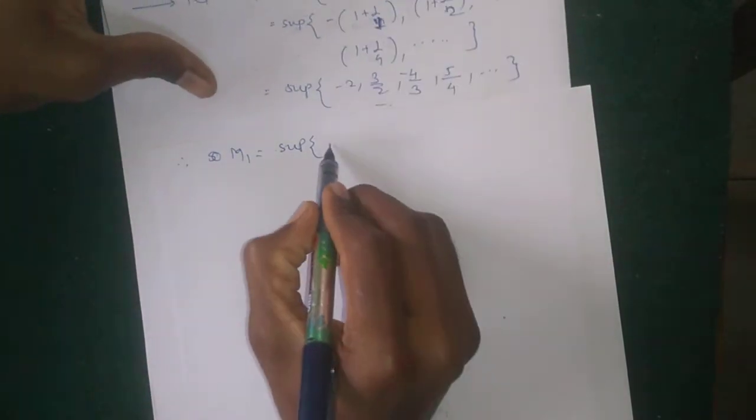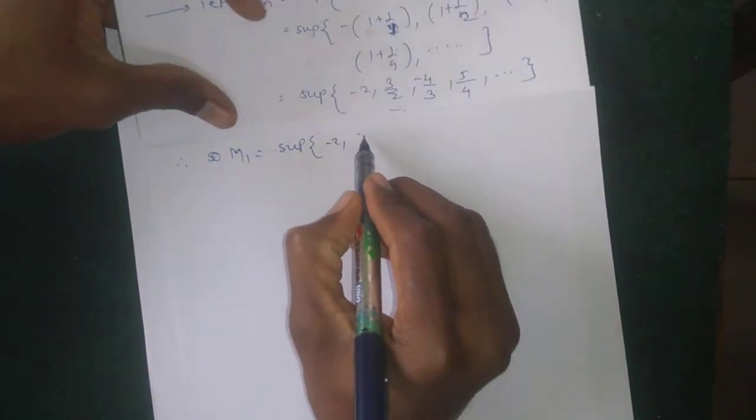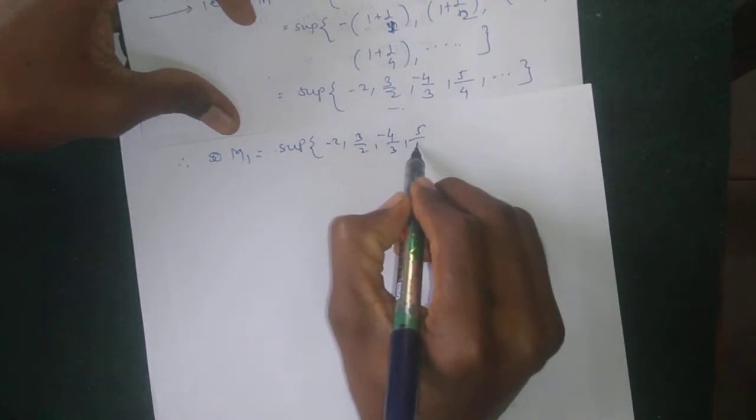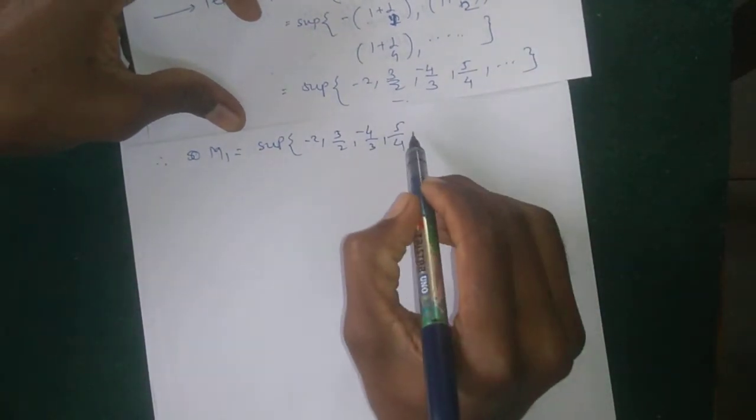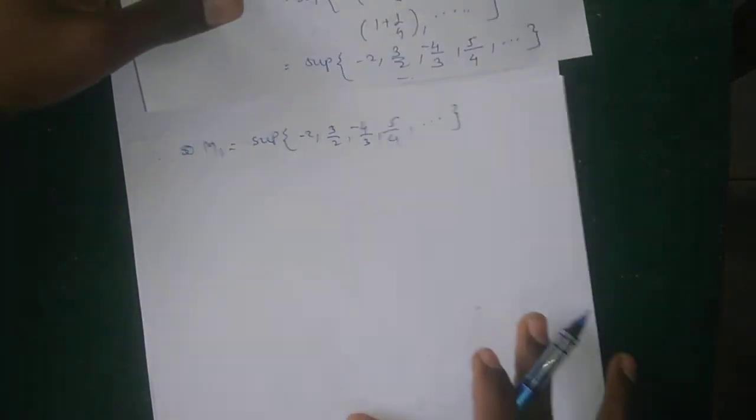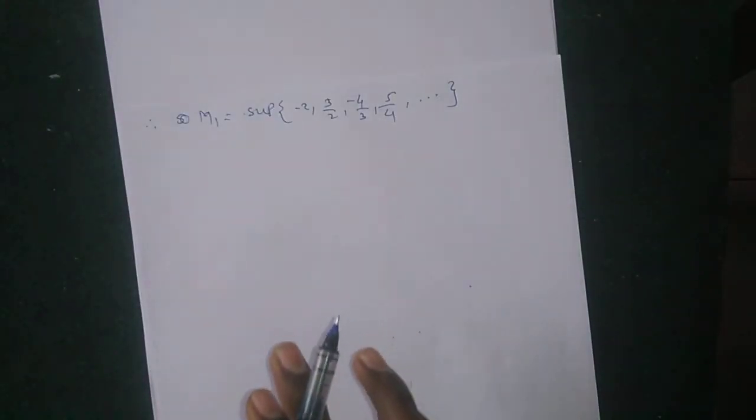These terms are minus 2, 3 by 2, minus 4 by 3, 5 by 4, and up to so on. In this way we get the first term.